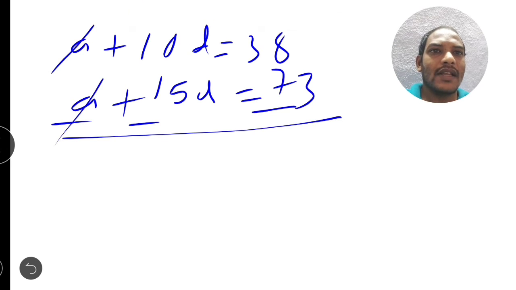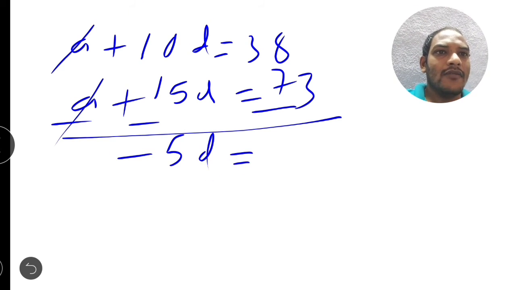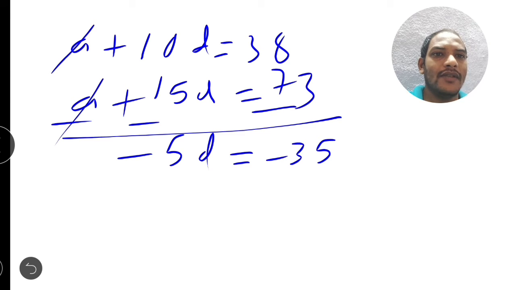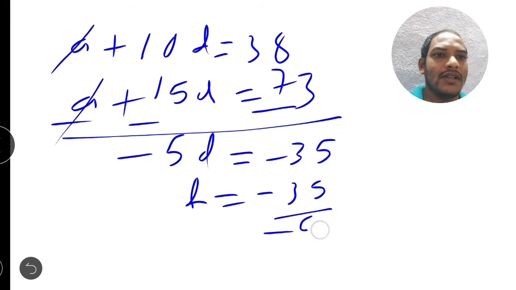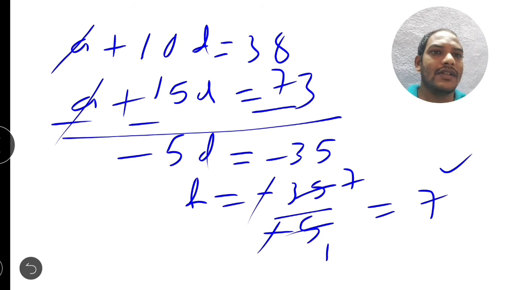Plus a minus a cancel. Minus 5d equals 38 minus 73. So 13 minus 8 is 5 and 6 minus 3 is 3, so minus 35. d equals minus 35 divided by minus 5. Minus minus cancel, 5 sevens are 35, so the d value is 7.